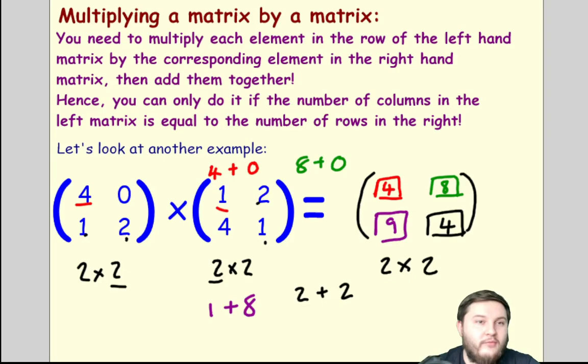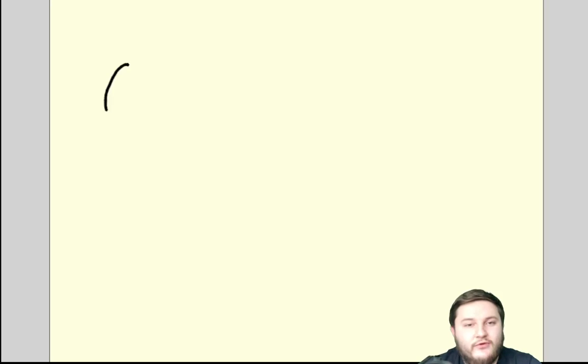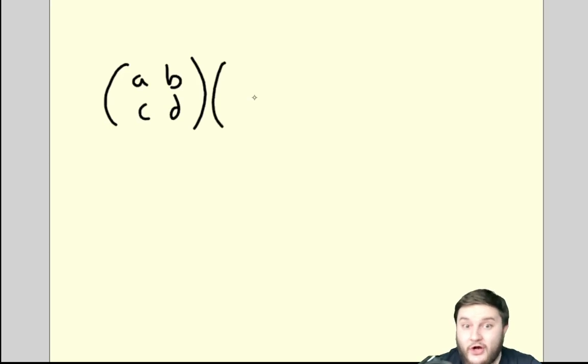But the general form is, and I'll give you the sort of general form for this. If you want to multiply a matrix A, B, C, D, and this is very common at GCSE further maths, 2 by 2 multiplied by 2 by 2, A, B, C, D by E, F, G, H, okay?